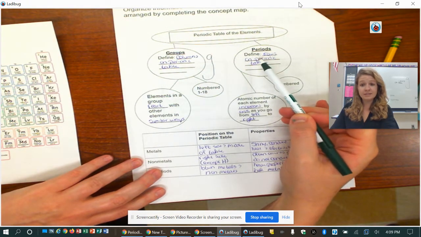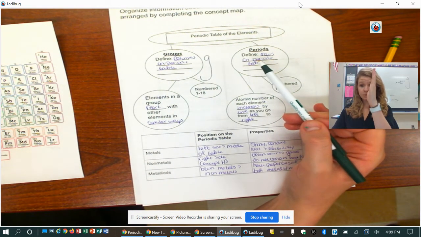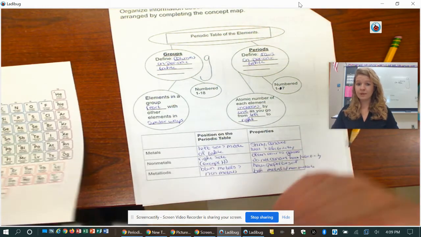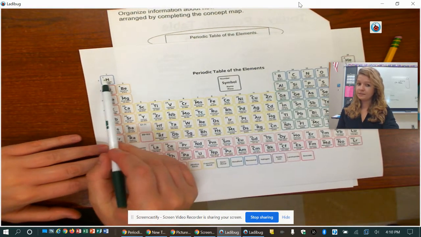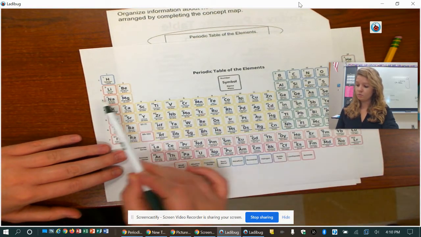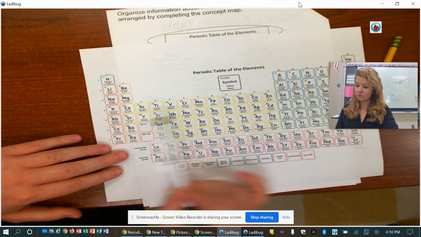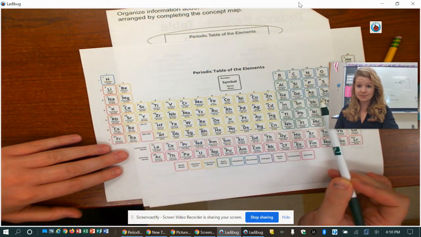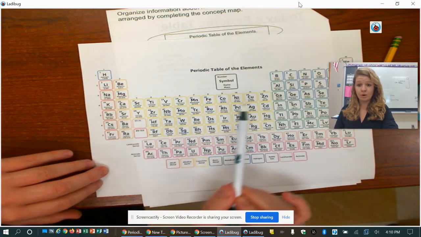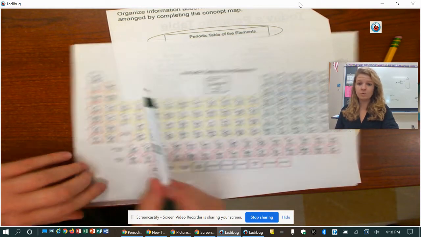We also have periods. Those are the rows. So columns go like this, rows go like this. So these are your periods. These are your rows. That's how you find elements on the periodic table, by what group and what period.